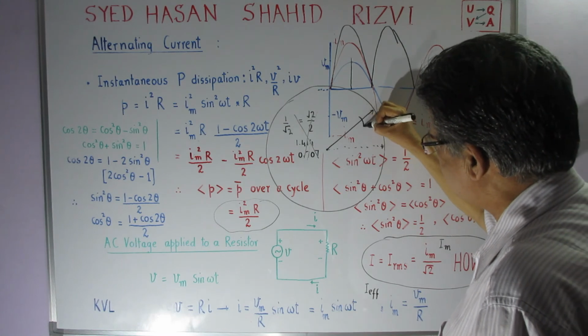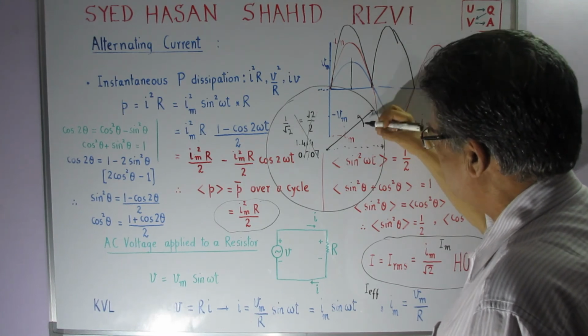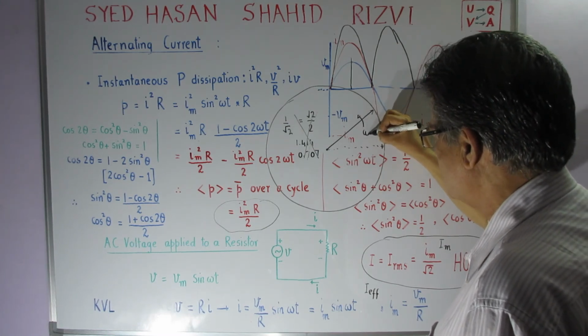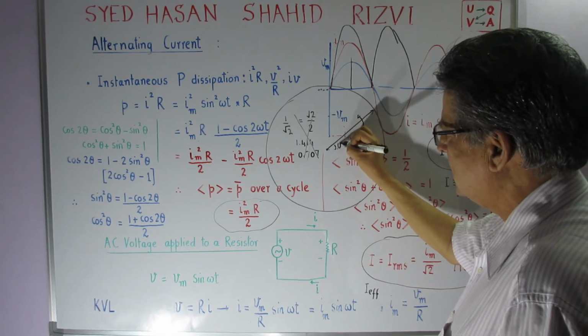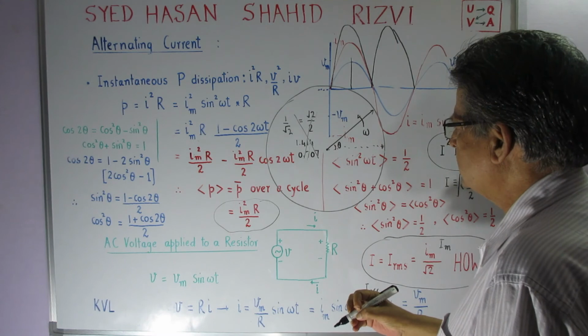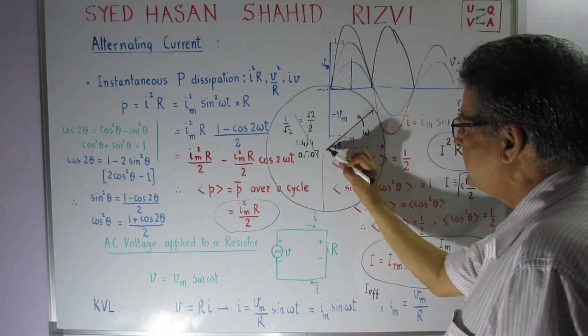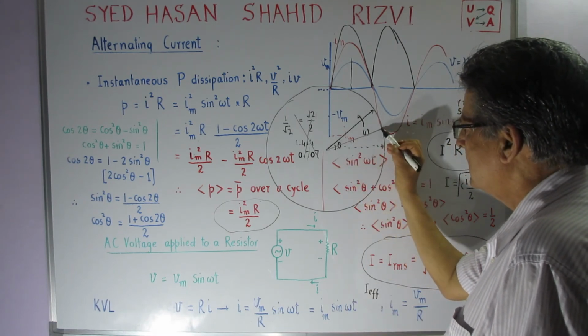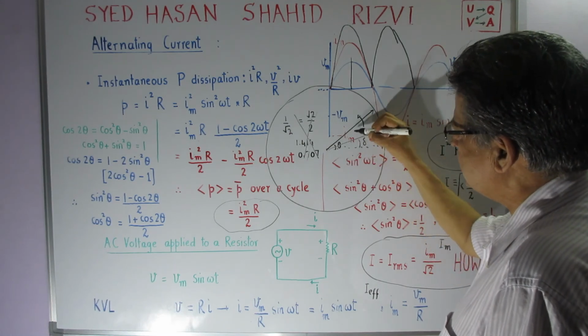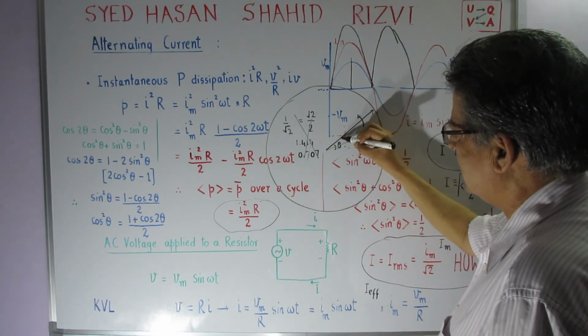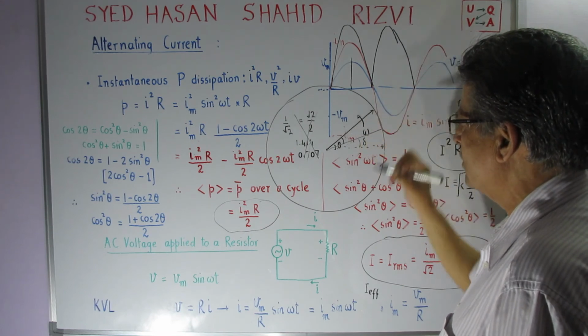Then this vector is made to rotate like this with an angular velocity omega, and here we have the value of theta. But sometimes we can initiate from here, and this I can write as delta, and theta becomes equal to omega t.